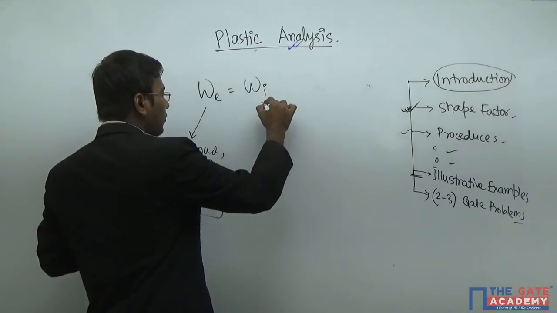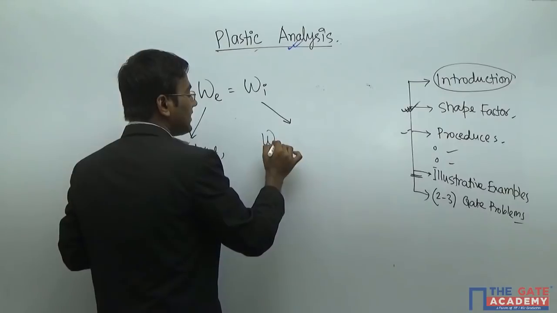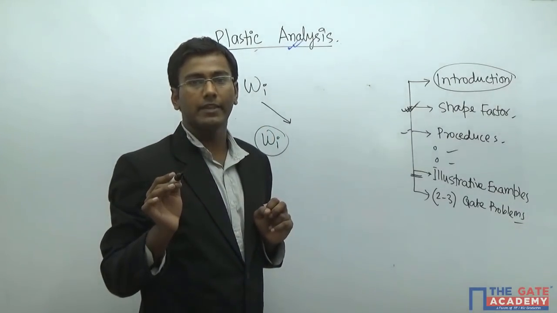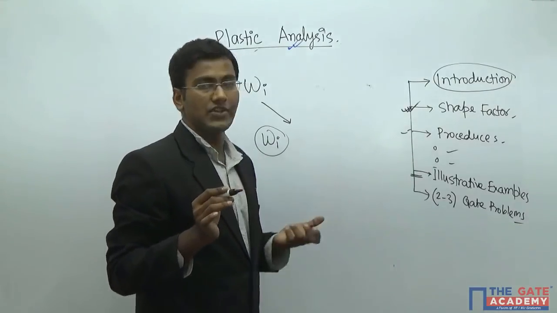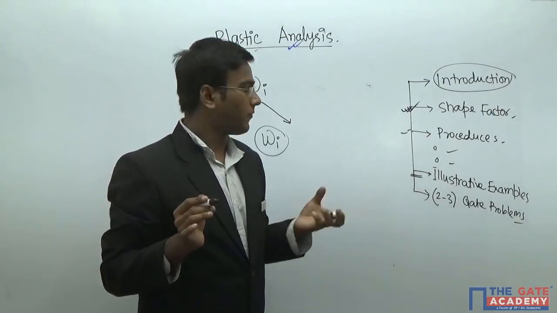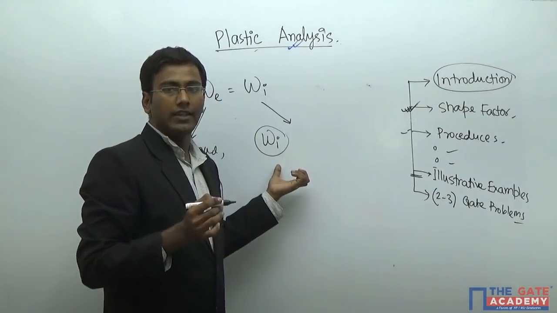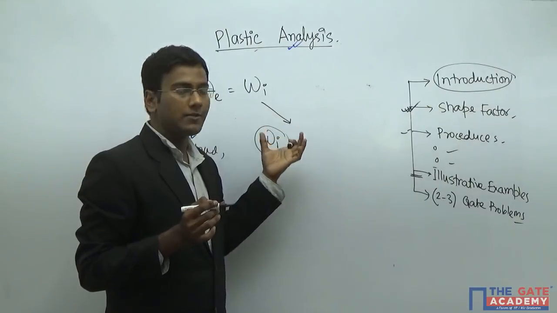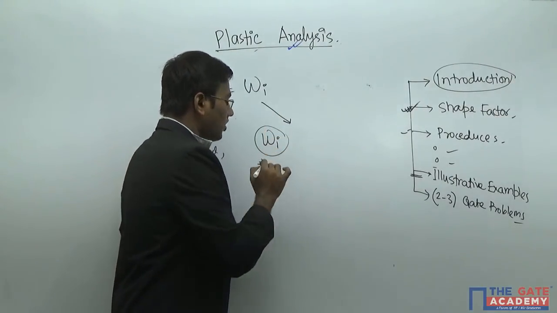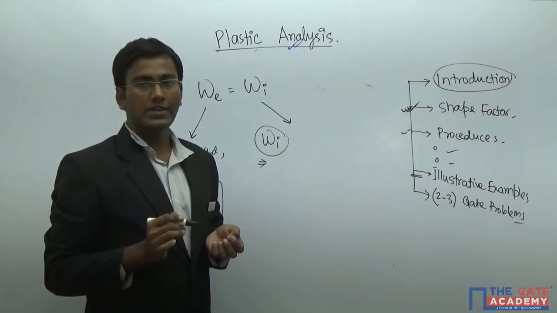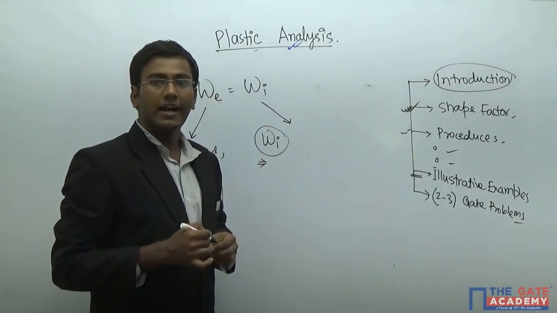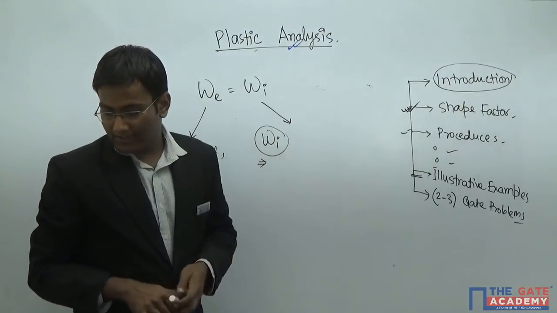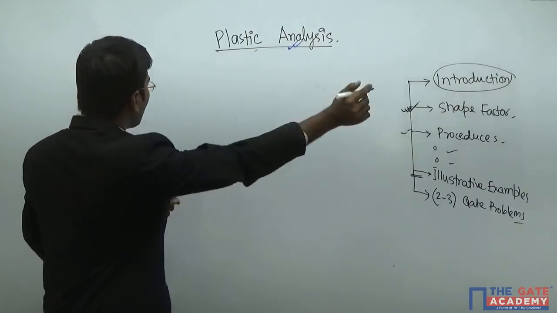Now for the right side portion, what is internal work? What is internal work and how can it be calculated regarding plastic analysis? For plastic analysis, we have to find the collapse load. We have to take care of plastic moment capacity, right? So regarding plastic moment capacity or internal work done, let us discuss again.